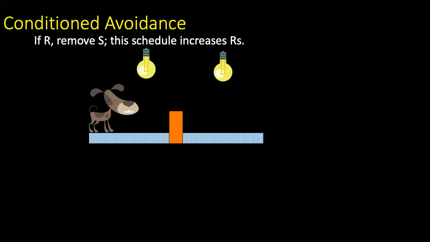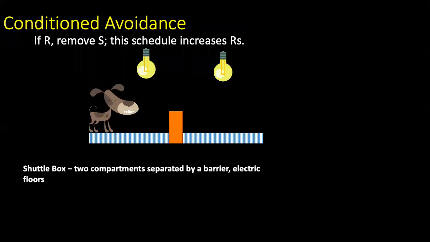So what this can look like, in this case, we have a shuttle box, which is a room with two separate compartments, and there's a barrier, but it's a barrier that can be traversed. The animal can jump over that barrier. And both sides of the room have electric floors.